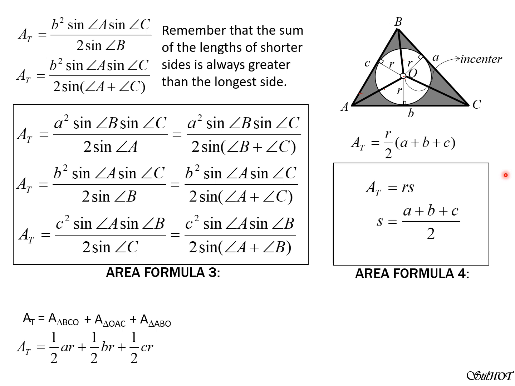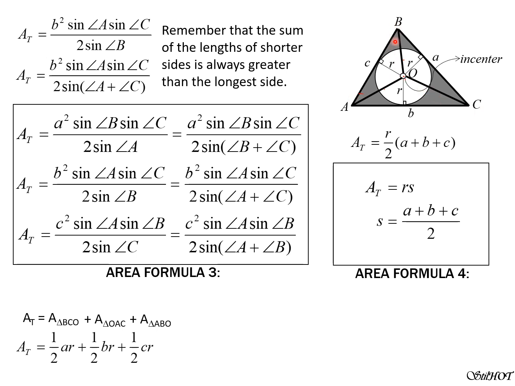So we define an incenter as the center of the inscribed circle, or the other definition is that it is the point of intersection of the angle bisectors. These are actually angle bisectors.